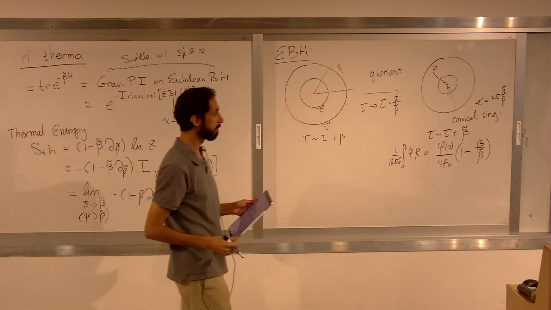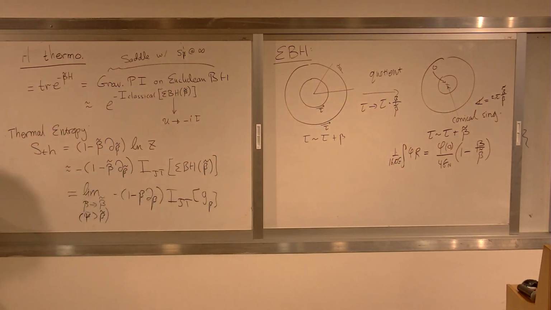Good. Okay. So the point is that the JT action has an integral of phi R term. That's going to pick up a contribution from the conical singularity, which has to be subtracted out. So why is that phi 0 plus phi at the horizon? Horizon means 0. So this entire thing here is what I meant there at 0.